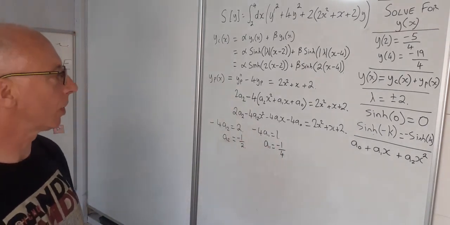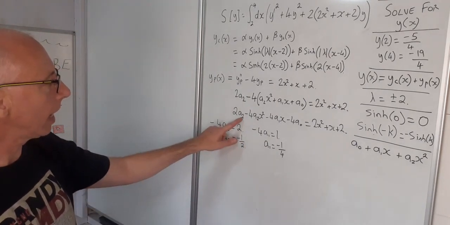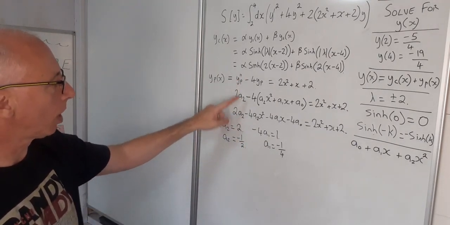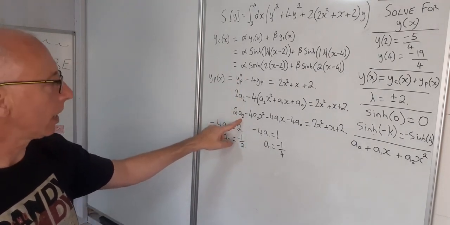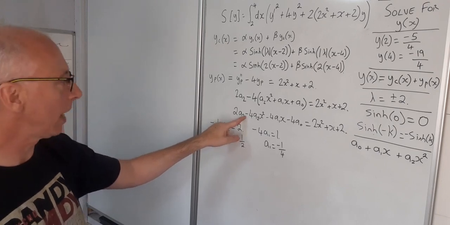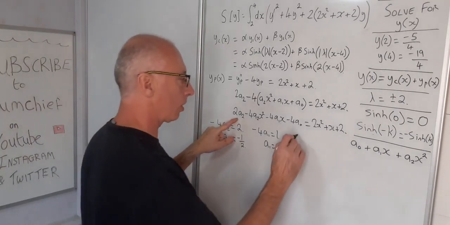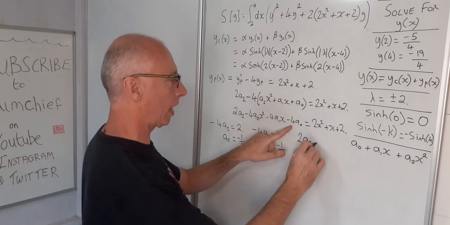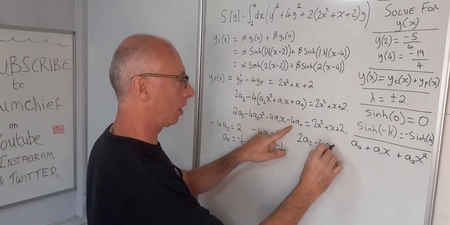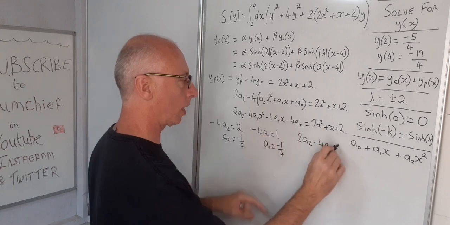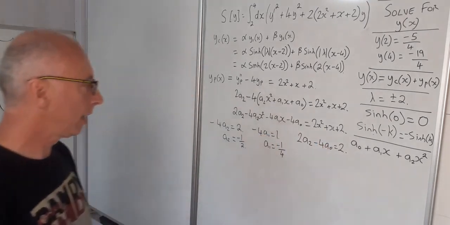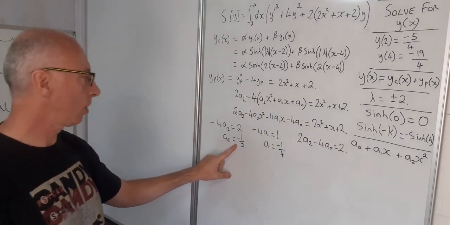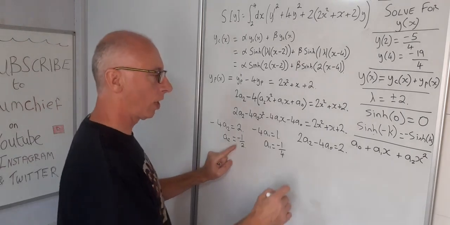Okay, now let's have a look at the constants. Now this a2 came from y double prime, but now it's a constant coefficient because there's no term in x here. So now we've got 2a2 minus 4a0 equals just this 2 here. Now we've already worked out what a2 is, so that's minus 1/2.